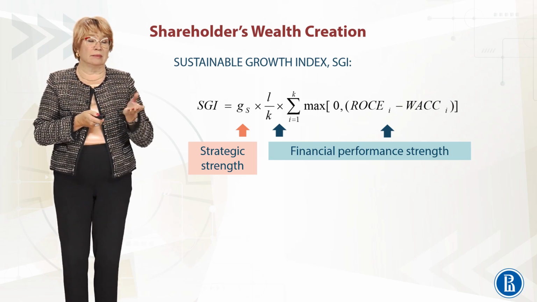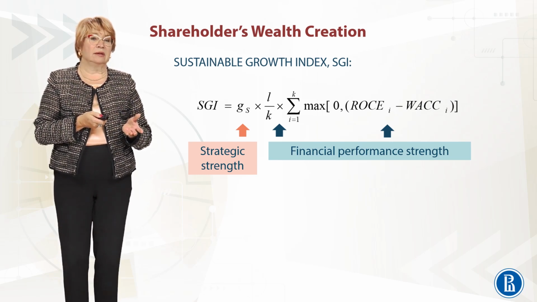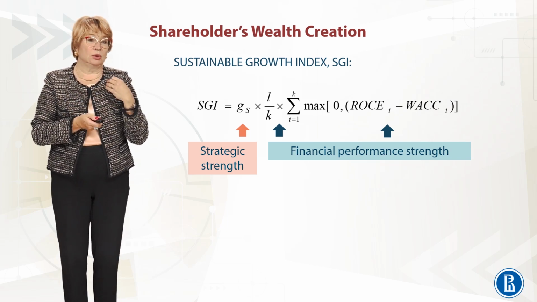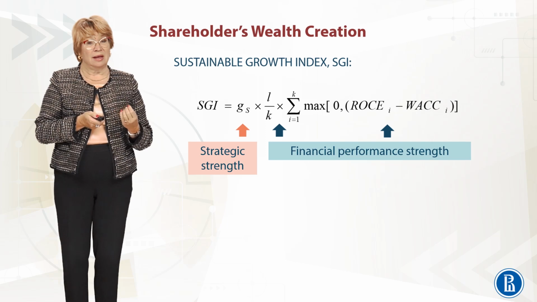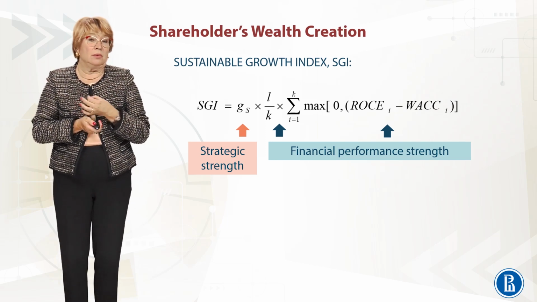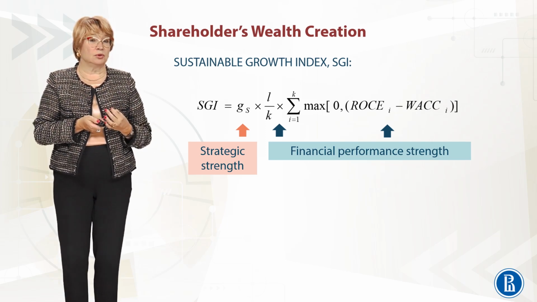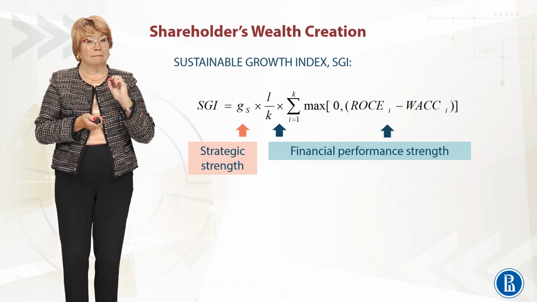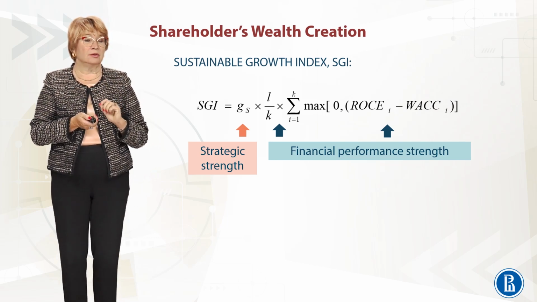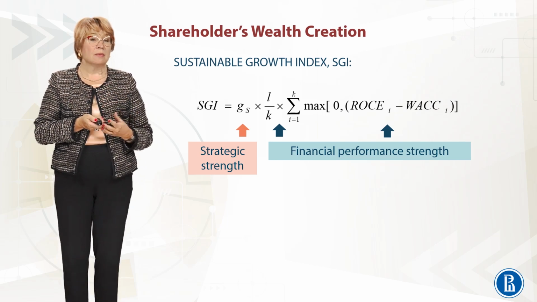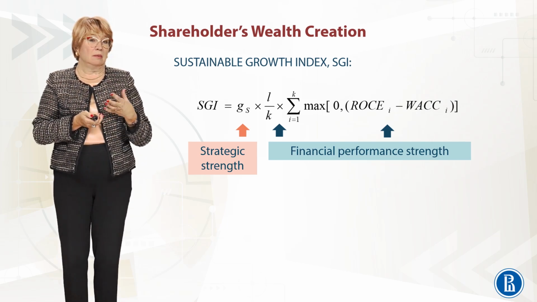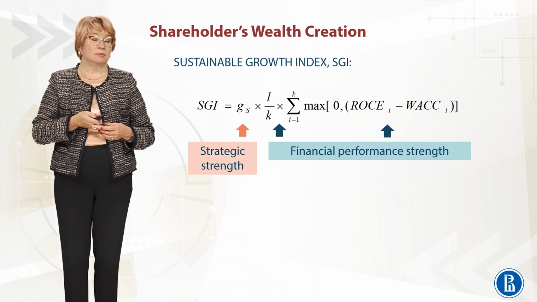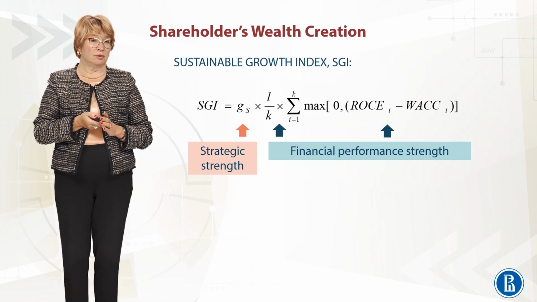Let's say you will get one plan A with a high level of the CGI and plan B, on the contrary, with a much lower value of the CGI, and plan C with a CGI which is equal to 0. Why could it be equal to 0? Because your second variable here, L divided by K, will say that you will not have any positive year in terms of economic profit creation.